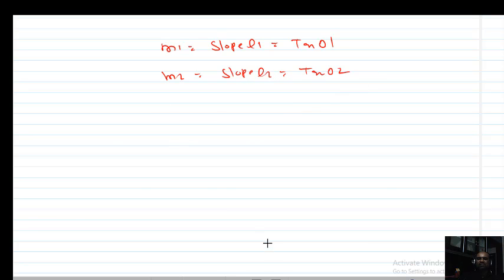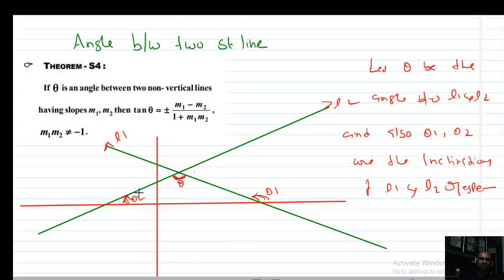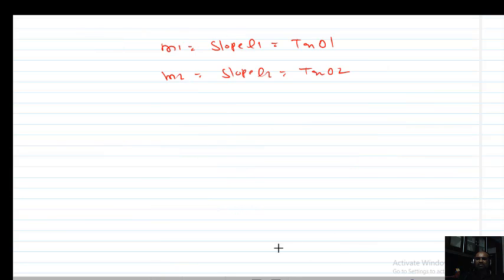So what happened? M1 equals the slope of L1, which equals tan theta 1. M2 equals the slope of L2, which equals tan theta 2. Again here one triangle is formed. I want to give a name for that triangle, say triangle ABC.